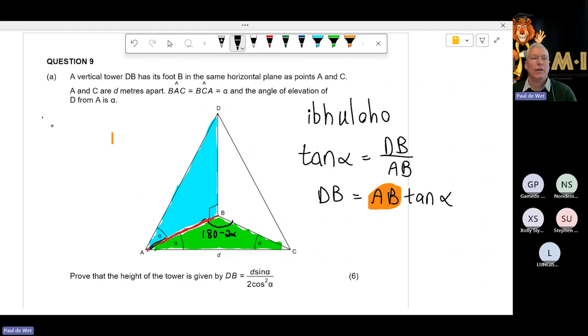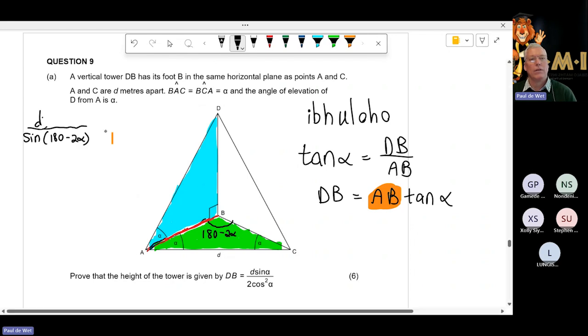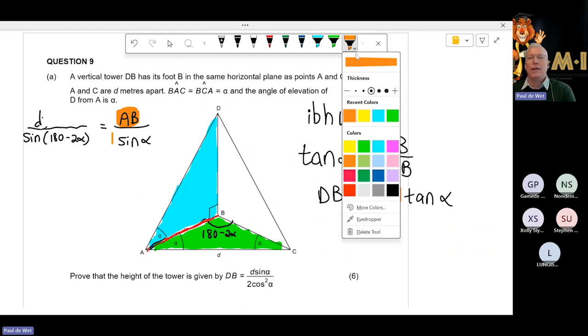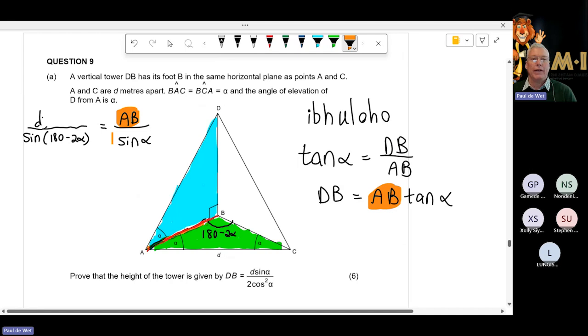D over sine of 180 minus 2 alpha is equal to AB over sine alpha. So guys, what's really nice here is that this is Ibuloko, this line here. Okay, carry on.